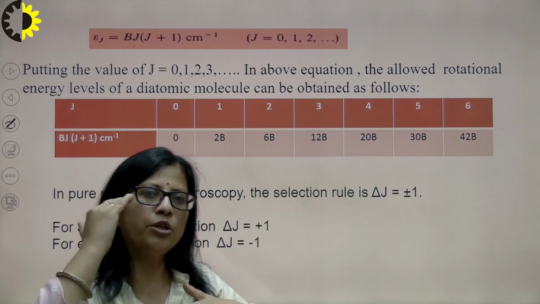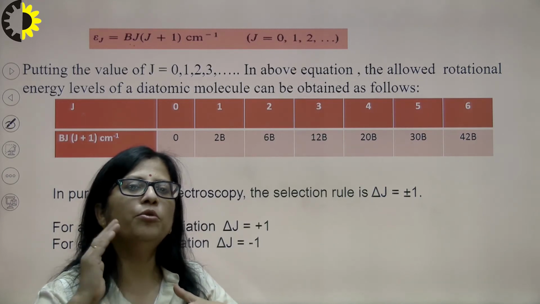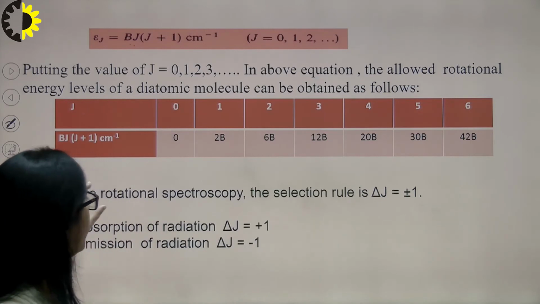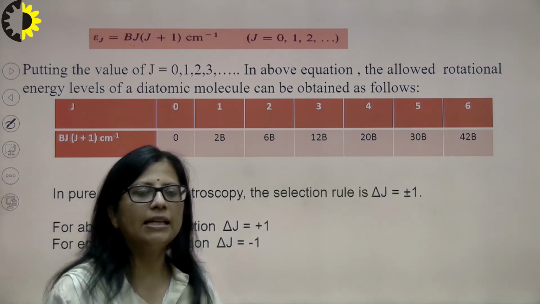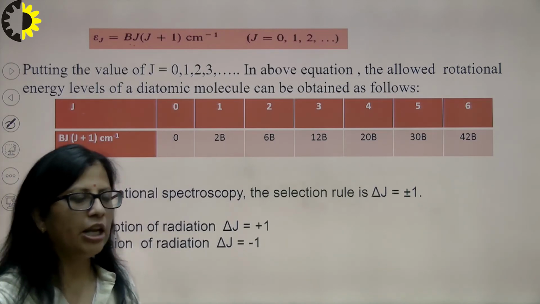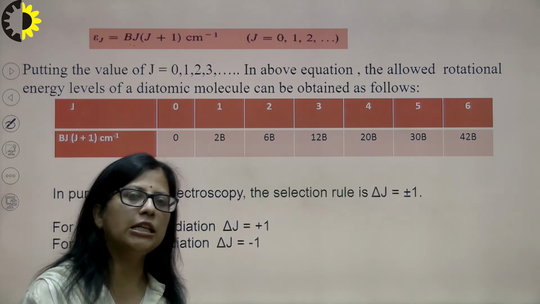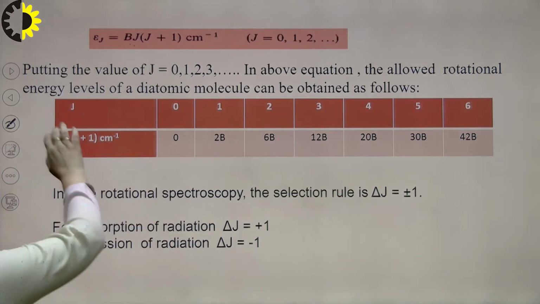From the second, you are going to move to the third. It is not that directly from the first rotational level, you can move to the third rotational level. So, for pure rotational spectroscopy, the selection rule is delta J is equal to plus minus 1. For absorption of radiation, it is plus 1, and for emission of radiation, the value of delta J is minus 1.